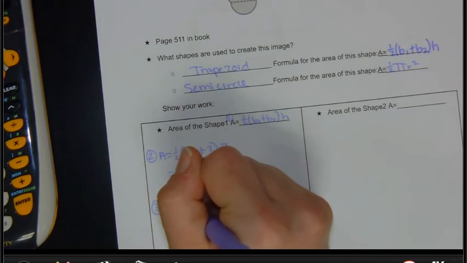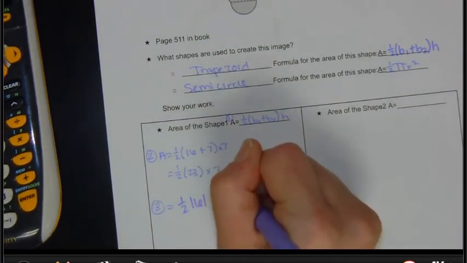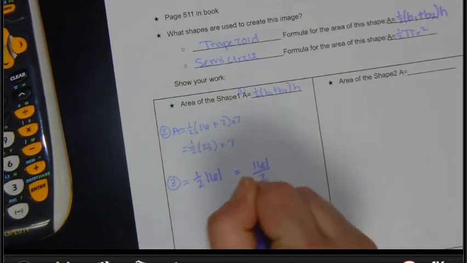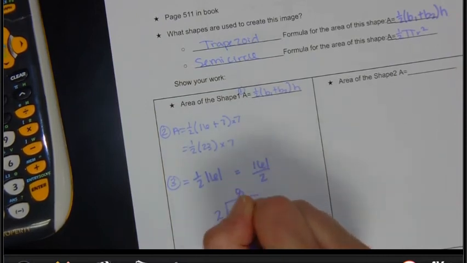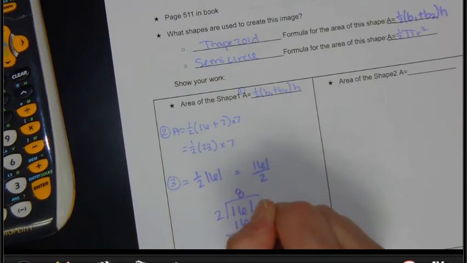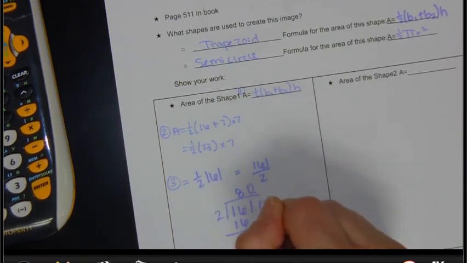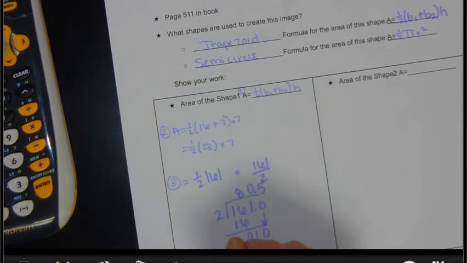So area is equal to 1/2 of 161, and 161 divided by 2. Let's get some long division in here. 2 goes into 16 8 times, 0 left over. It can go into 10 5 times. So the area is equal to 80.5 feet squared.